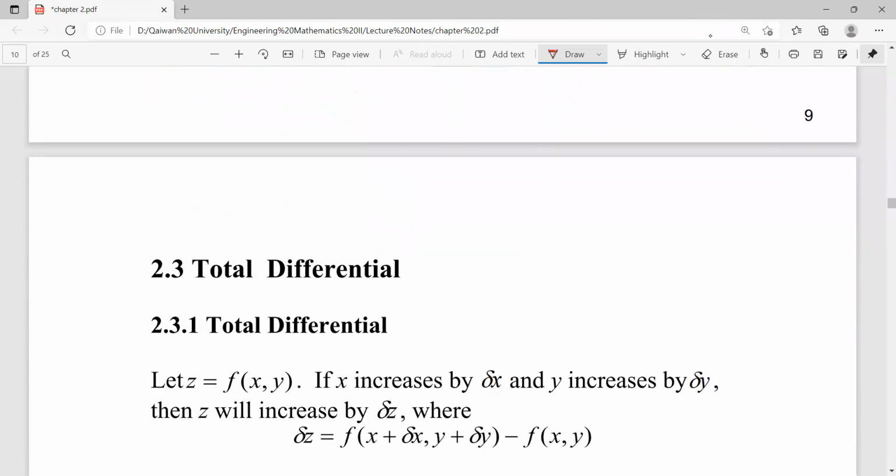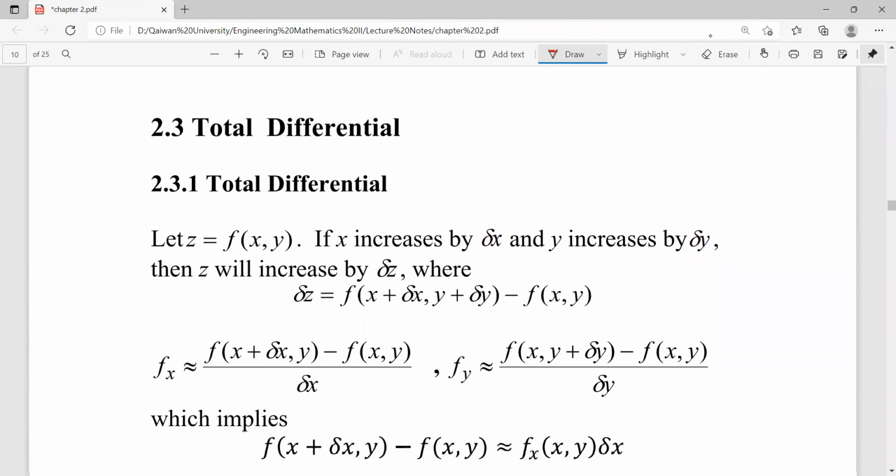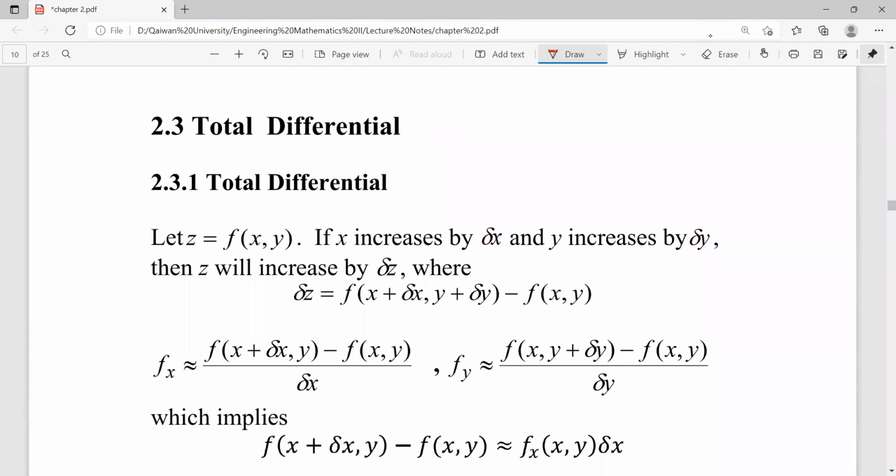That's it. And then for the third section in this chapter, we have the total differential. Let z be a function of xy.